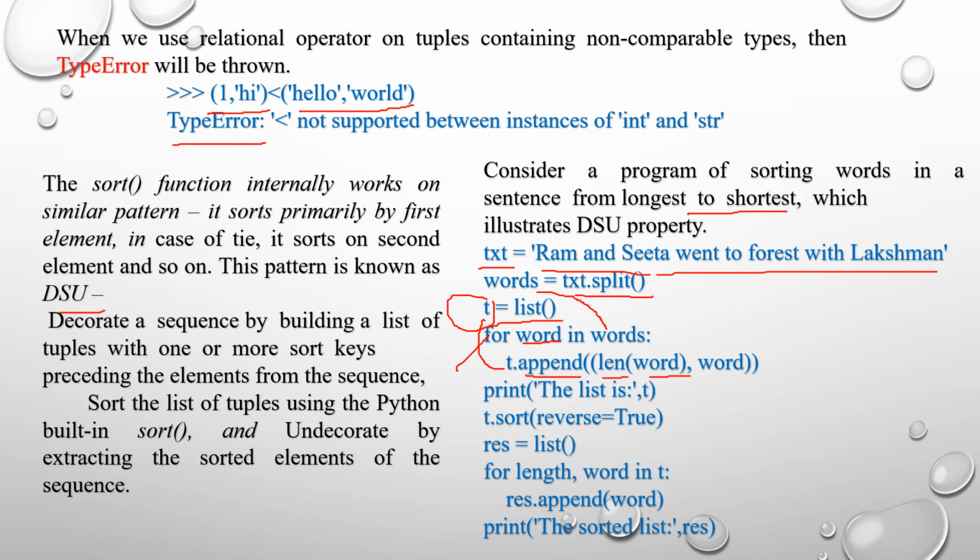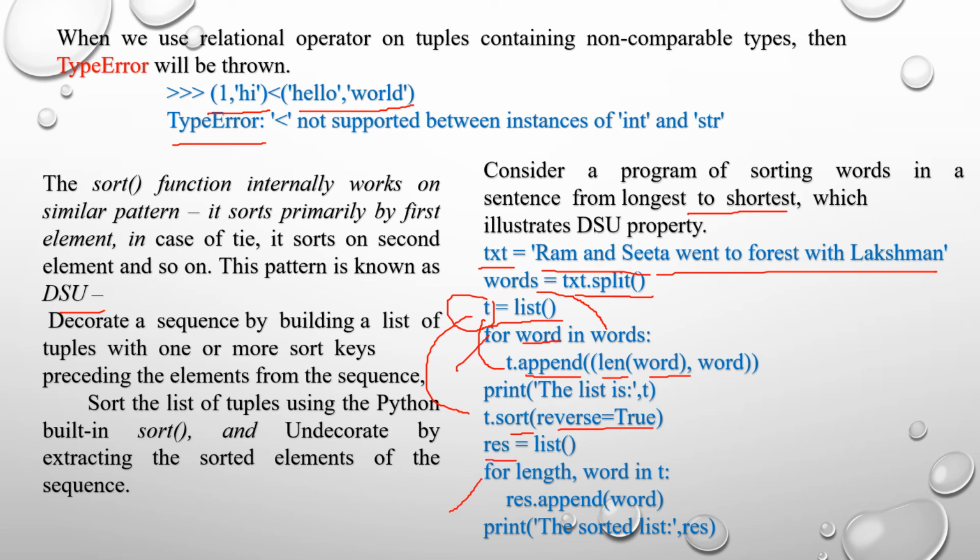After that I'm going to print the list. Again I'm going to sort the words. Here I am calling the list T, invoking the function sort with reverse equal to True. I am going to store the list into result.